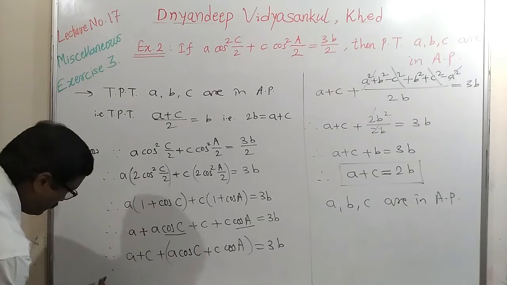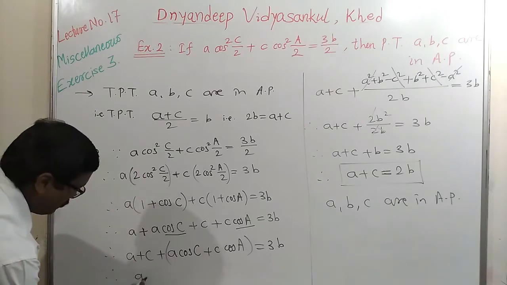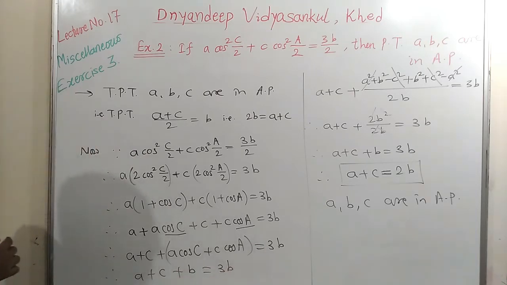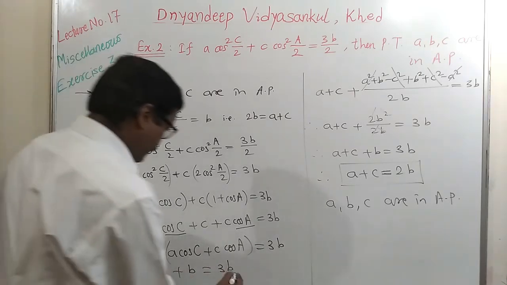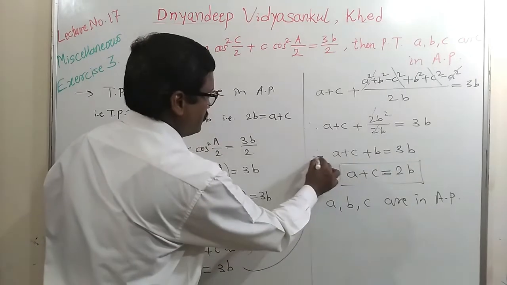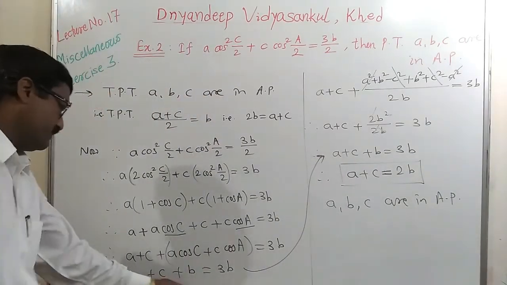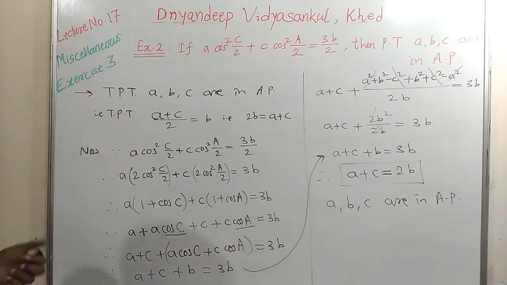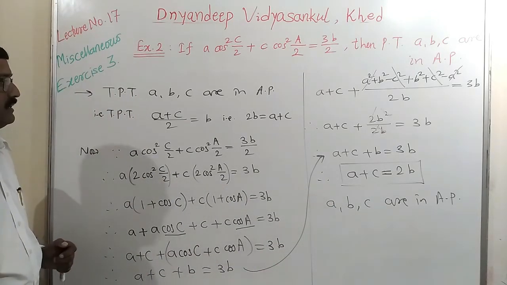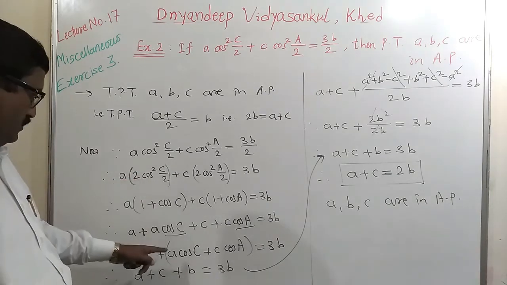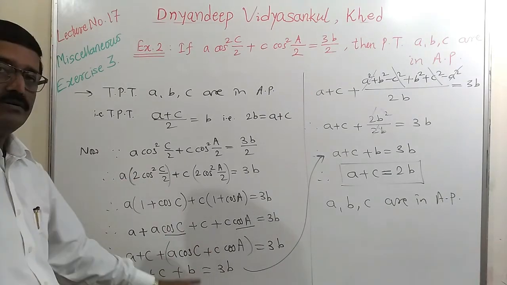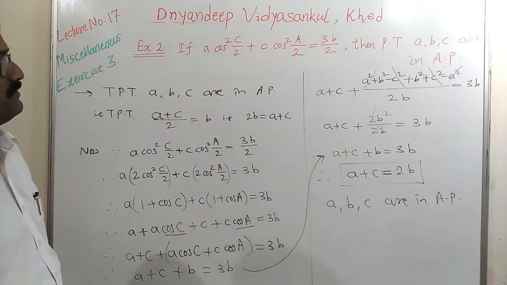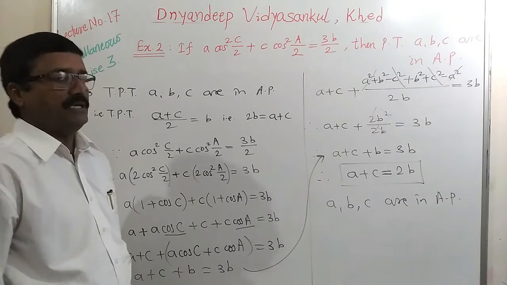This is nothing but b, so a plus c plus b is equal to thrice b, it is the same result. Again taking this b to the right, we get a plus c is equal to twice b, and from that we can write a, b, c are in AP. Therefore in this example you can use either the cosine rule or the projection rule, so that you will get the required result of arithmetic progression of 3 numbers a, b, c.